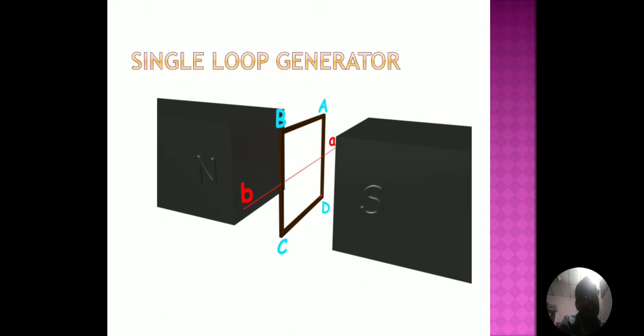You can see a rectangular conductor at the middle of the north pole and south pole, named A, B, C and D. It rotates about an axis a and b, which we can see in the figure. In the figure, the rectangular frame is in the vertical position.